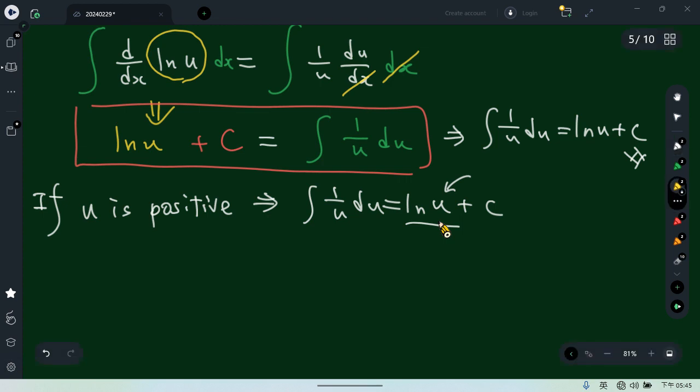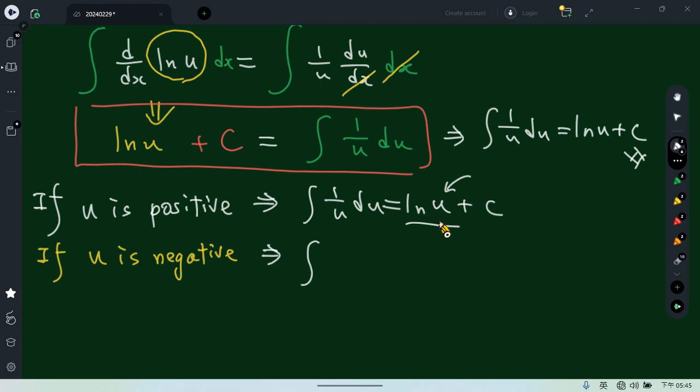If u is negative, then for this part, we can change it to d of minus u. So u is negative. When we write negative u, that means this part is positive.